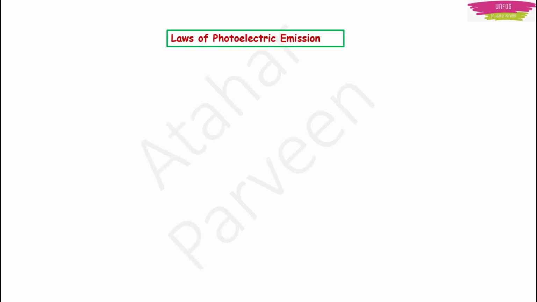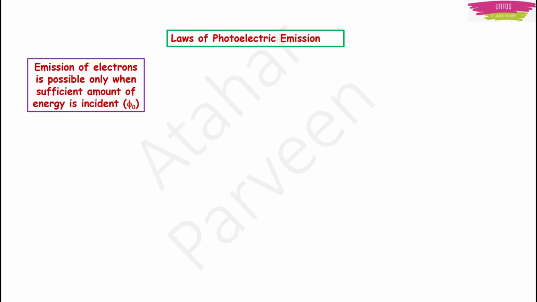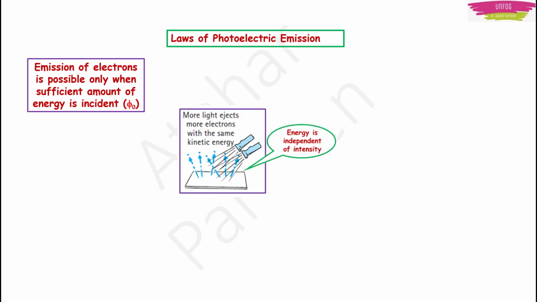Now finally, from the observations of the photoelectric effect experiment, we can have the laws of photoelectric emission. The first law is that emission of electrons is possible only when a sufficient amount of energy is incident. What is that sufficient amount of energy? That is the work function phi naught. Then more light will eject more electrons with the same kinetic energy.